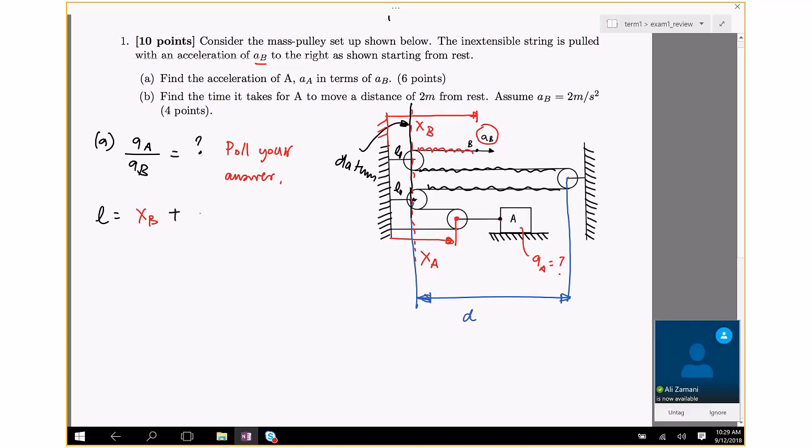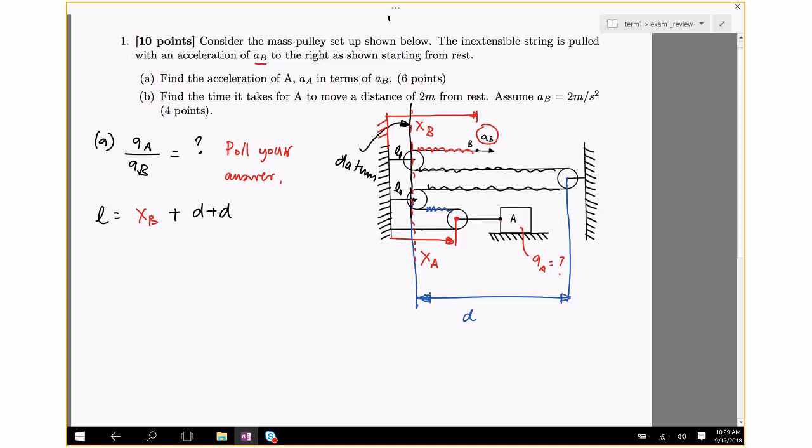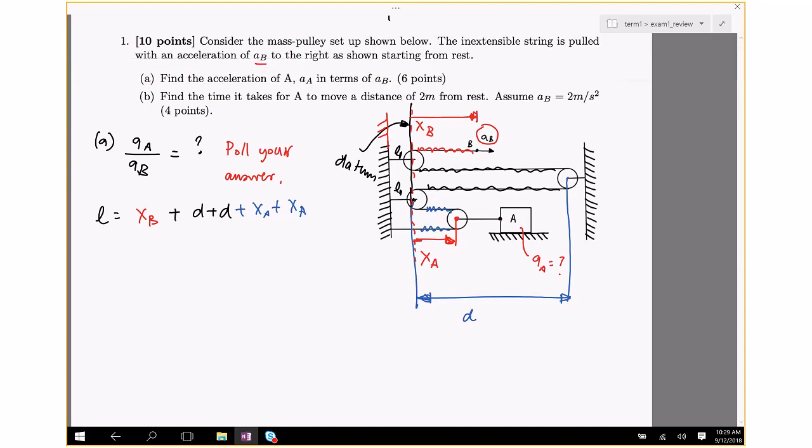So plus d plus d, and then this part and this part, which I've shown in blue, is xa plus xa. So really I should have put the datum here, so this should be the xb and this should be xa. Okay, so length is xb plus twice d plus twice xa.